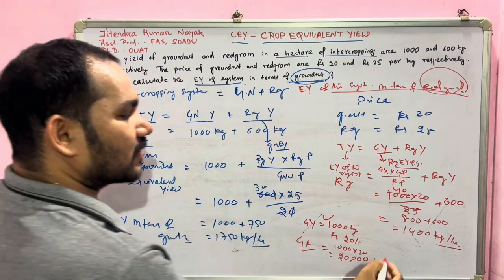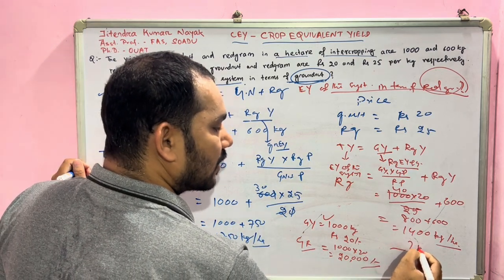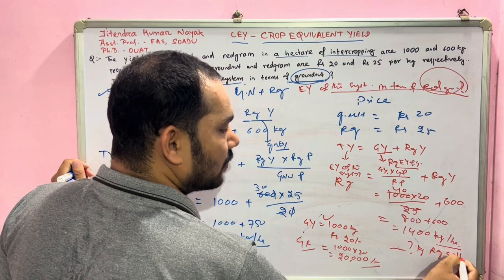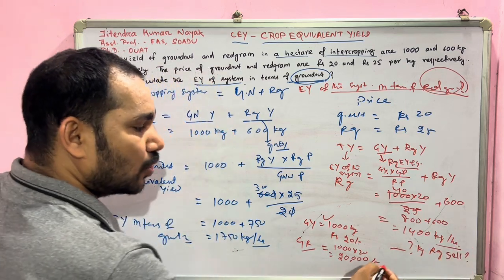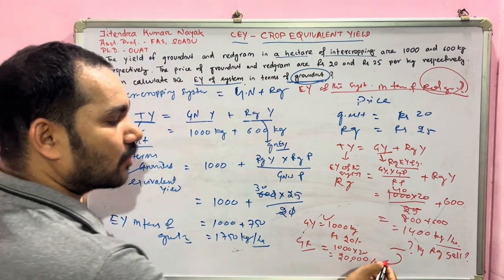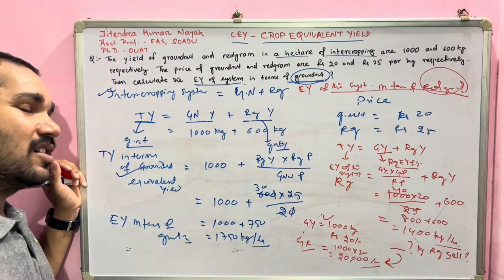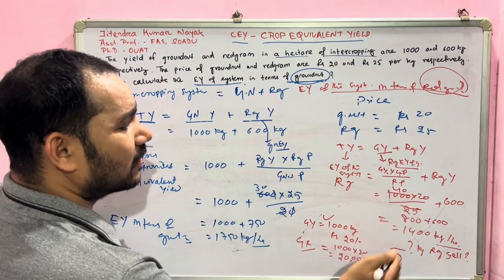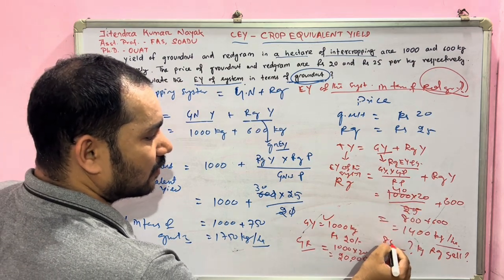Now my question is, how many kg of red gram will you sell to get this amount of gross return? This is called the equivalent yield. How much can you have? You have calculated here 800. Sir, 800.